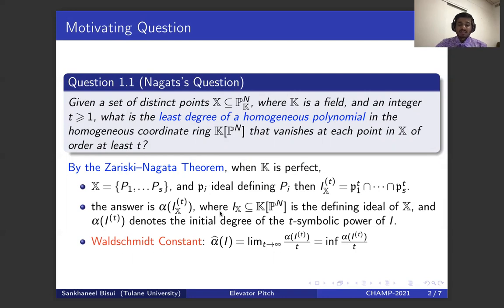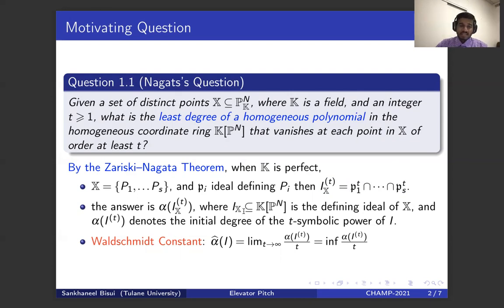First, it gives us an easy description of the symbolic power of the defining ideal, involving the ideal defining each point and their ordinary power in this manner.